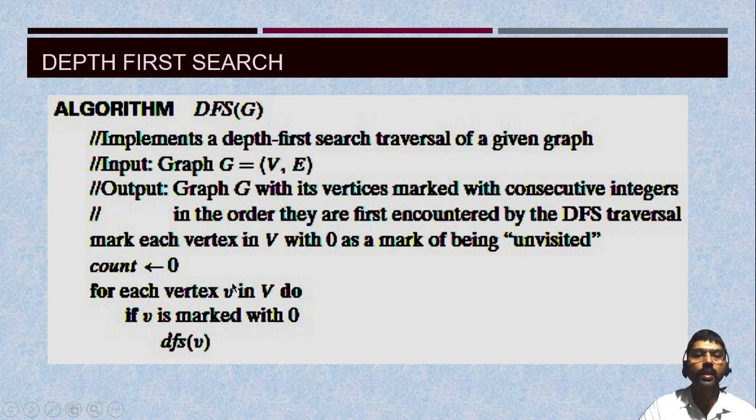In that case, you have to pick another node which has not been started and start applying the DFS algorithm on it, and try to visit all the other nodes from that point. Like that, we have to continue the process until all the vertices in the graph are visited. This DFS is actually used for visiting all the unvisited vertices.